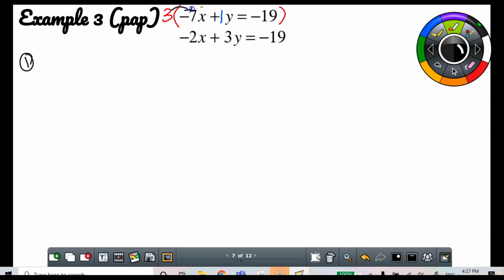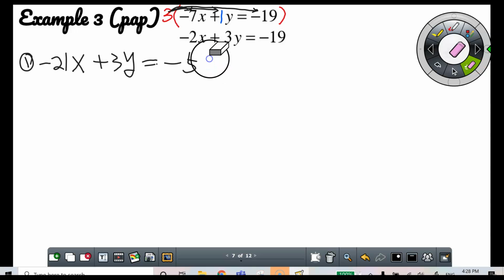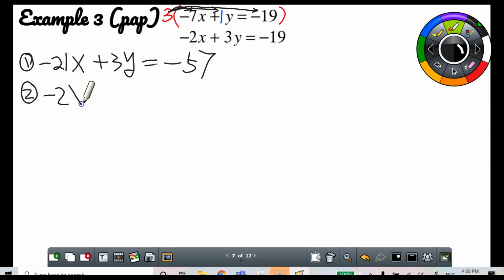So 3 times -7 is -21x. 3 times 1y is +3y, equal sign. 3 times -19 is -57. Okay. And this is your real first equation that you want. And let's copy the second equation down so you can see each pair and their relationship, right?